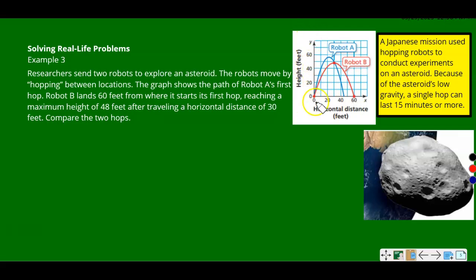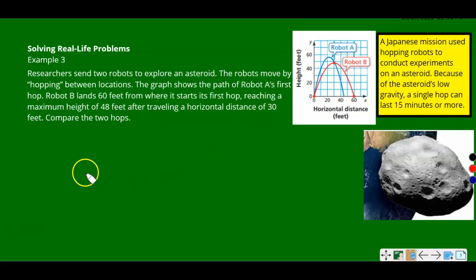And of course, the y-intercept would be the initial start value, so it'd be the same for both of those. And then, of course, the maximum height is going to be where it goes from increasing to decreasing. So when it changes direction, it's going to be increasing up to the maximum height, and then it would be decreasing, and that would work for both of those graphs as well.